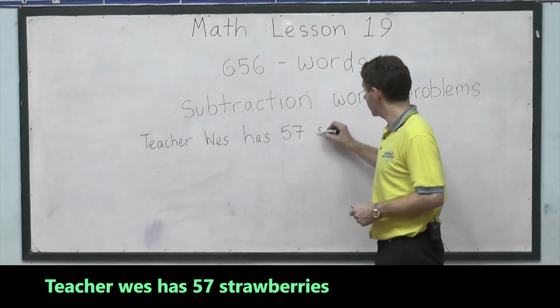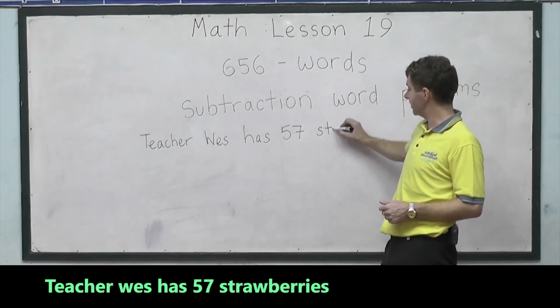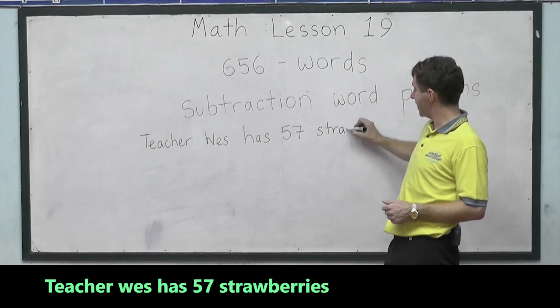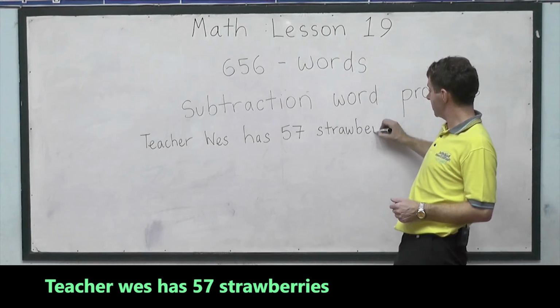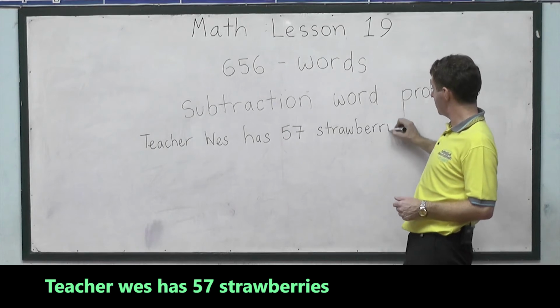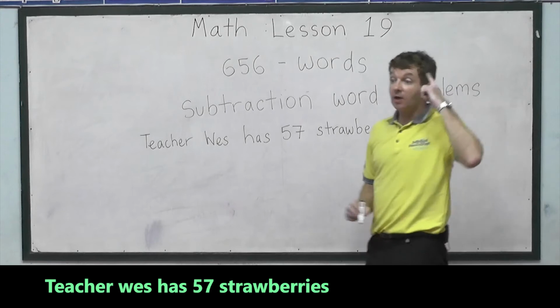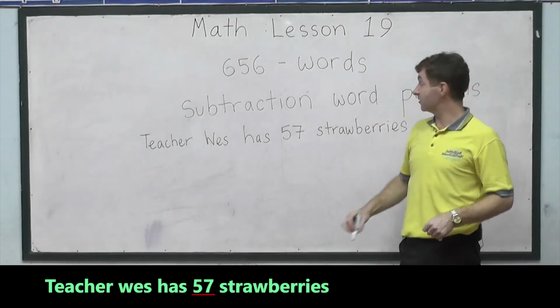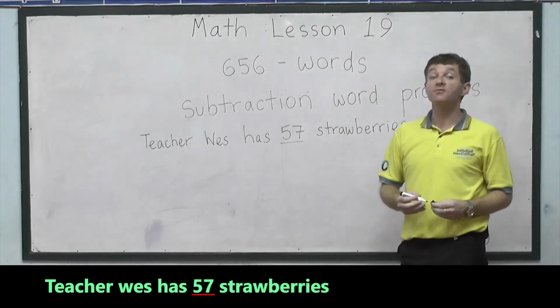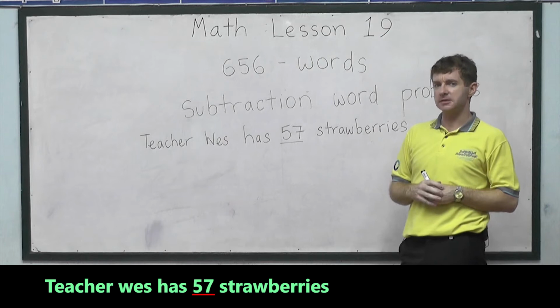How do we spell strawberries? S-T-R-A-W-B-E-R-R-I-E-S. Strawberries. Very good, Dan. So the first number we need to remember is 57. So I've got 57 strawberries.